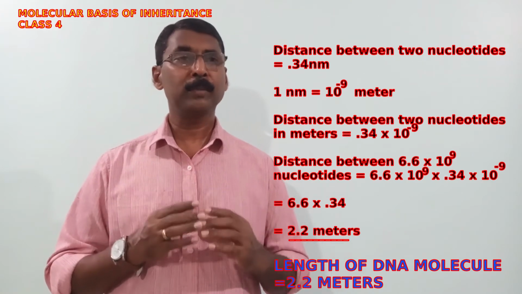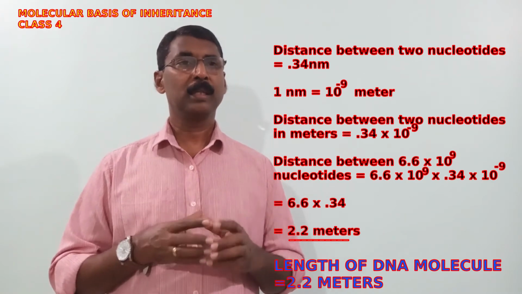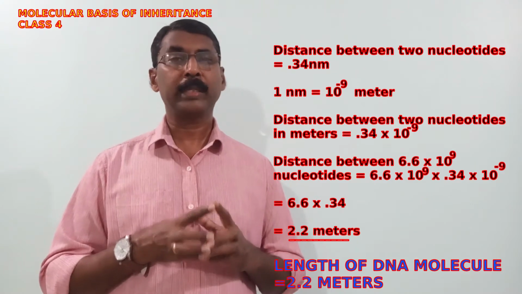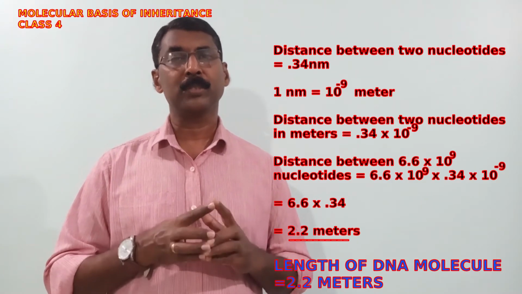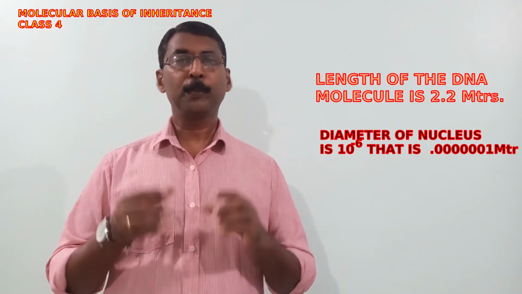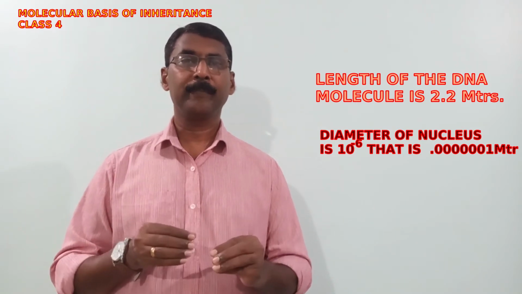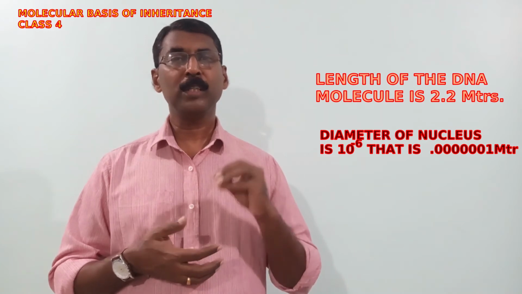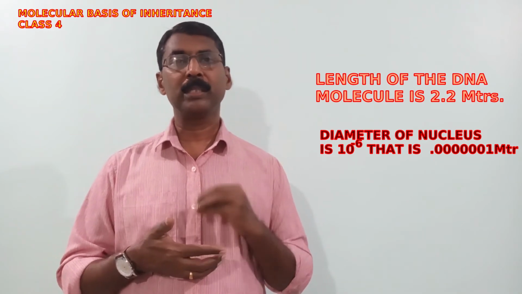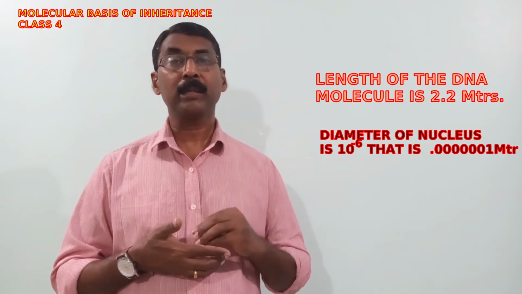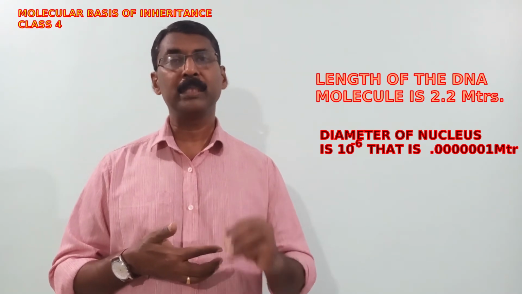The size of the nucleus is calculated to be 10 to the power of minus 6 meters. So 2.2 meters of DNA should be situated in a small space such as the nucleus, that is only 10 to the power of minus 6 meters.